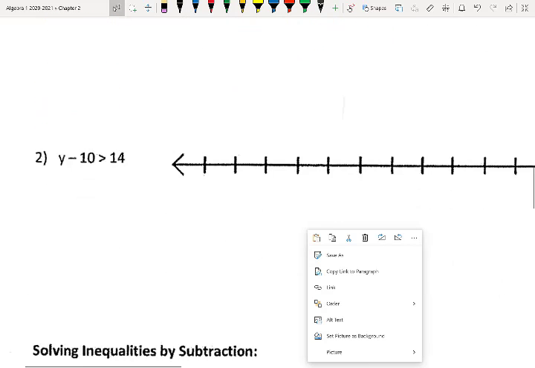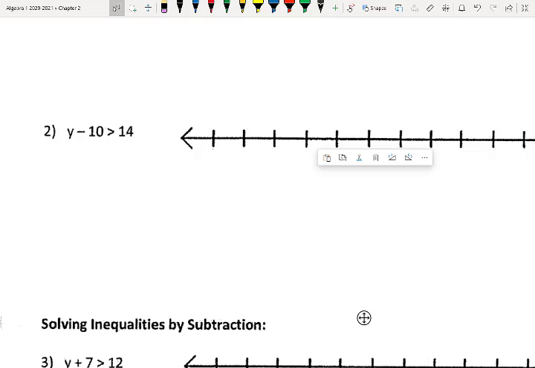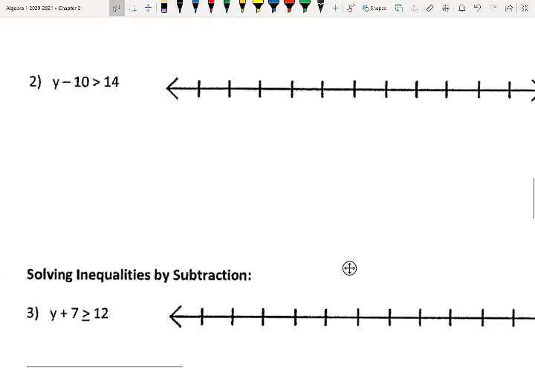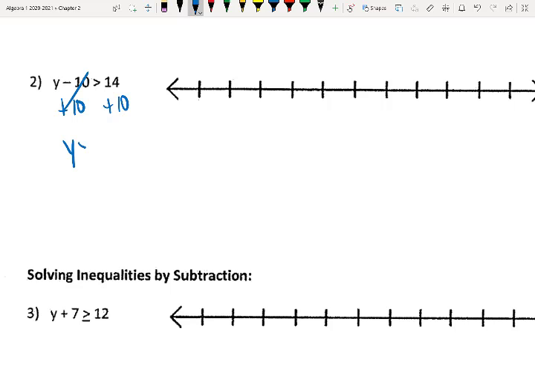Okay, let's try another one. Number 2. Now I've got y minus 10 is less than 14. So if I go through this one again, I see that I'm subtracting 10 from my y value. So if I want to do the opposite of that, I would add 10 on both sides. Those cancel out. Y is less than 24.